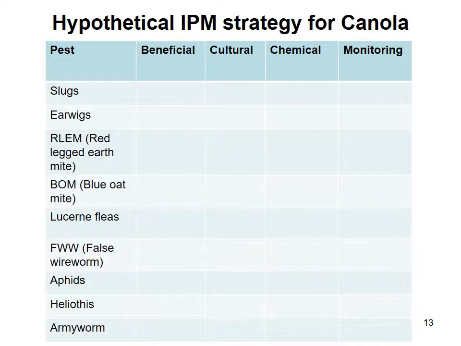So for example, this is a hypothetical IPM strategy for canola. So applying a synthetic pyrethroid spray for aphids, which you can see here is a minor pest of this particular crop, would have grave effects on the biological control of major pests, which are identified here as the slugs, earwigs and mites.